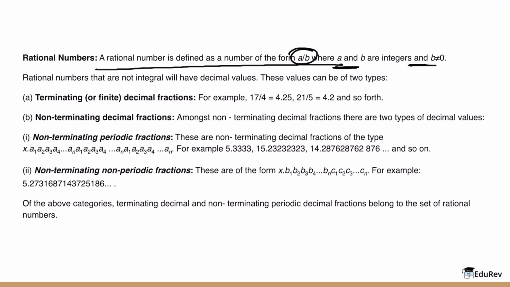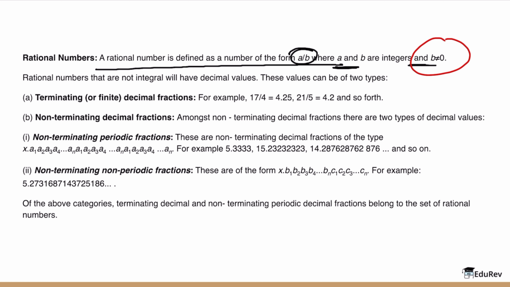B is obviously non-zero, because in the previous slide we studied that division by 0 is not defined. If B here is 0, then the whole concept doesn't make any sense. Therefore B is a non-zero number.